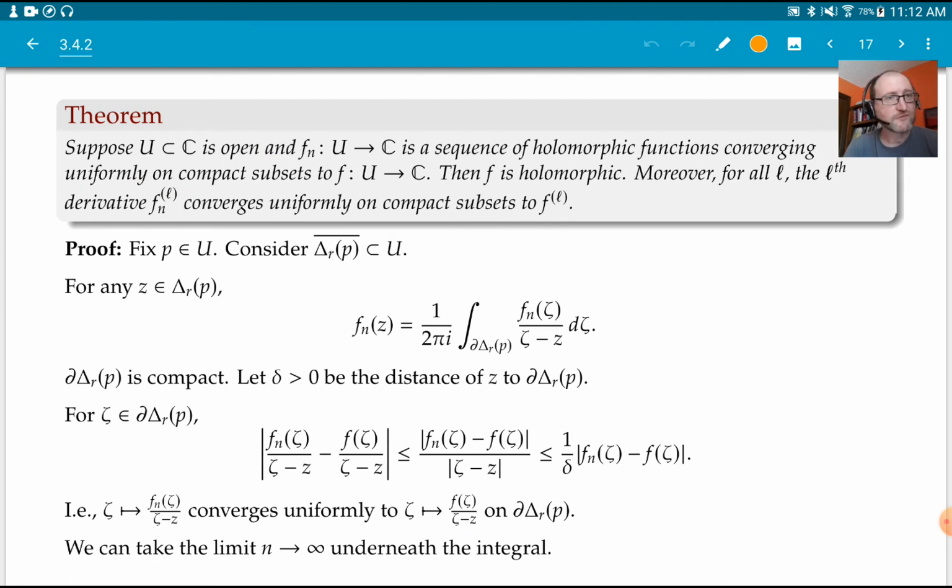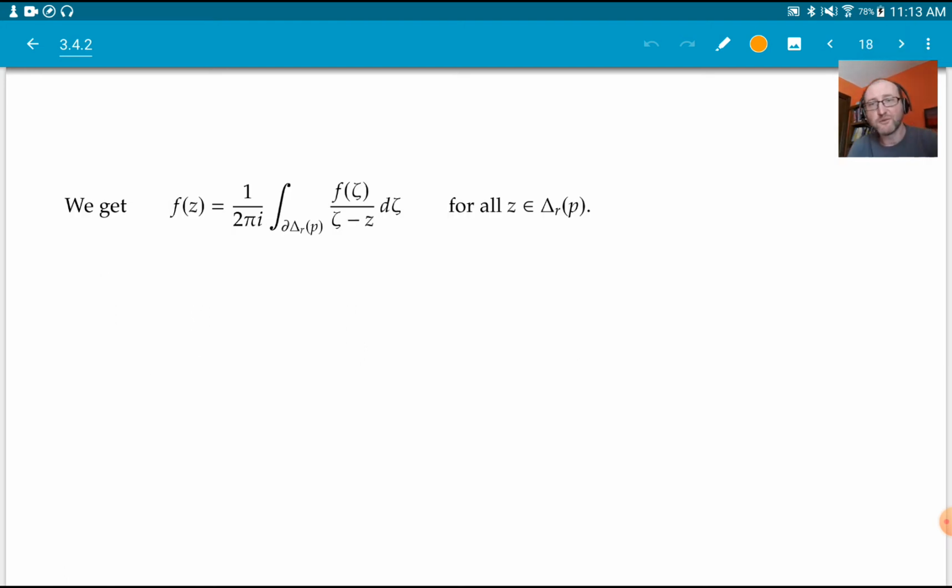That means we can take the limit underneath the integral. And what do we get? This is where the converse to Cauchy comes in, but it's really just applying that theorem. We have that f is equal to an integral of something which is holomorphic in z, and therefore it's holomorphic.